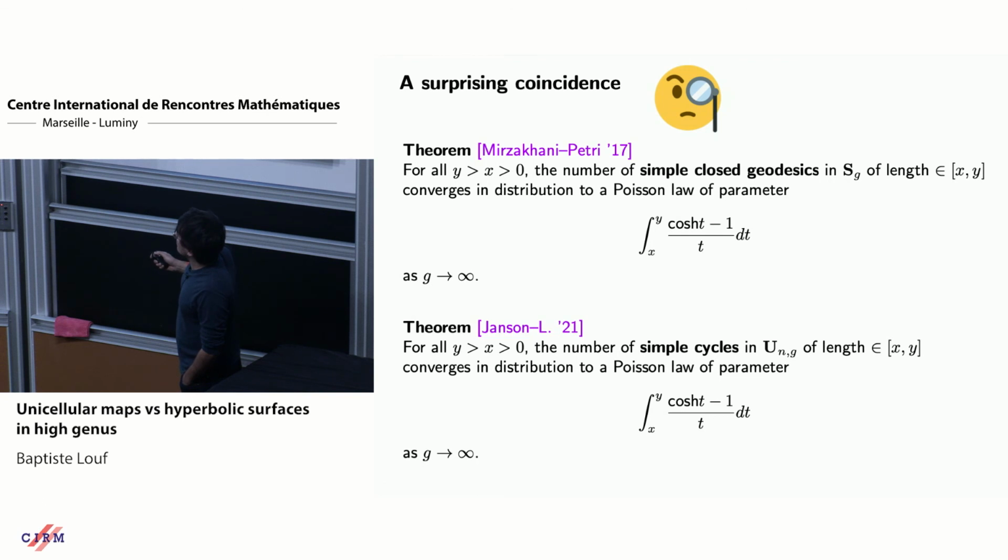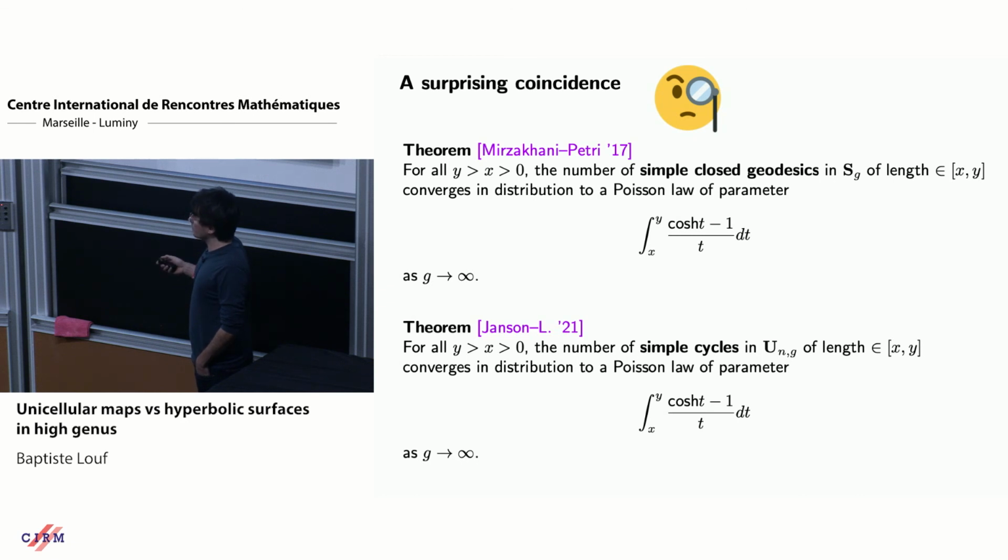They count the number of simple closed geodesics that have a length between x and y, fixed x and y, as the genus goes to infinity. And this is a random variable because they have random surfaces. They showed that this converges in distribution to a Poisson law, which has this parameter, this integral of the hyperbolic cosine.